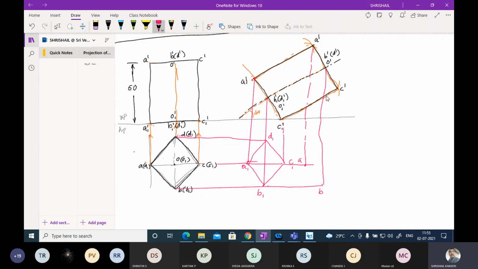It is a base. And I am talking about the top, it is A, B, and again this will be point C, and the D will be coming on this. This will be point D. So join A to B, B to C, C to D, D to A.